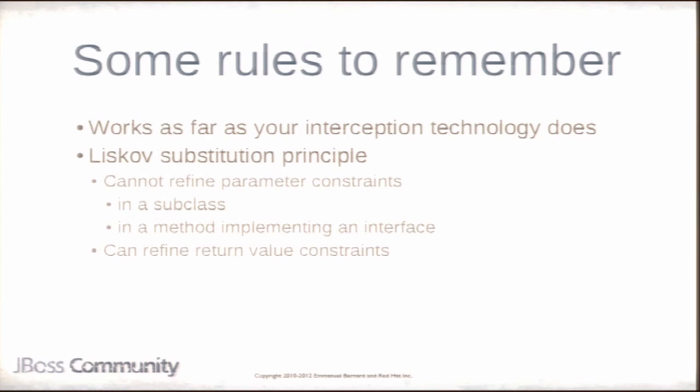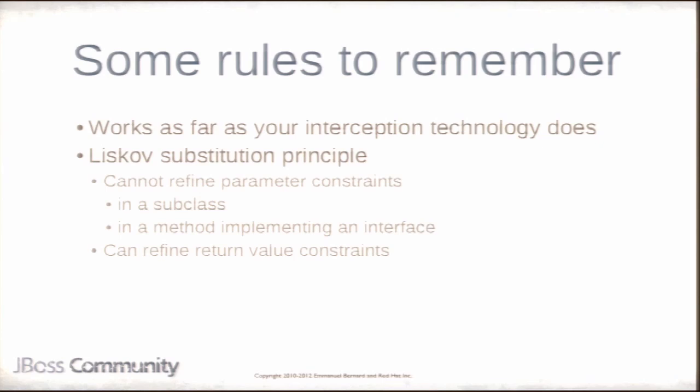So we also respect the Liskov substitution principle, which basically says that when I have a contract, as a client of this contract, I expect to be able to use any implementation of this contract without breaking, providing I respect this contract. Which means that a subclass cannot actually add more constraints to a given defined contract, right? If I've got an interface and an implementation, if the implementation is more restrictive than the interface, something is wrong.